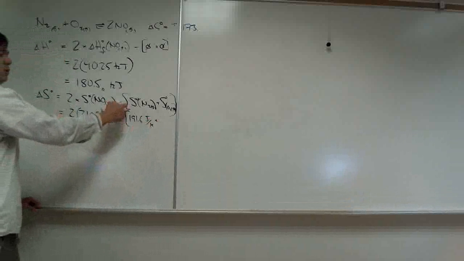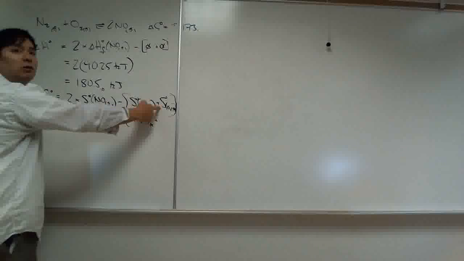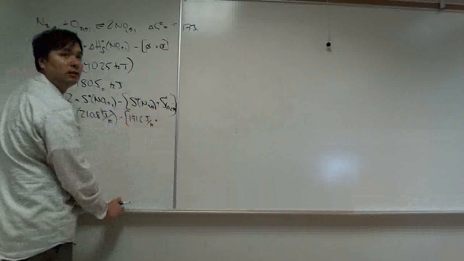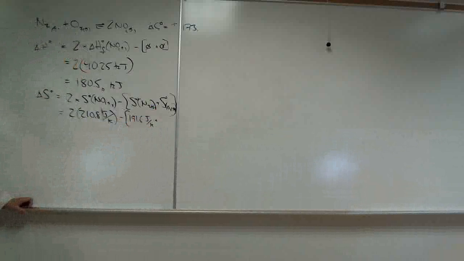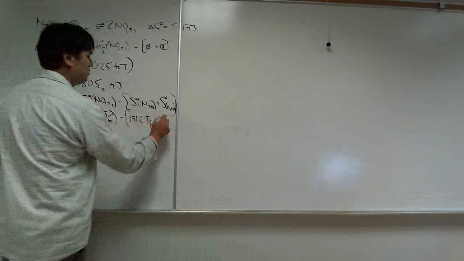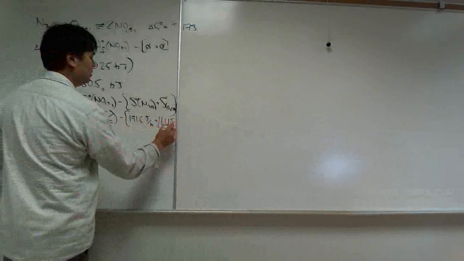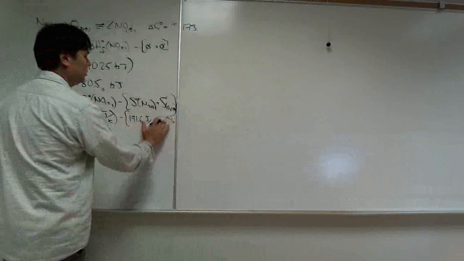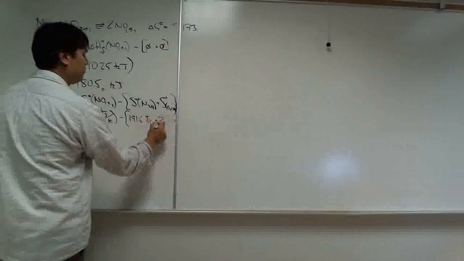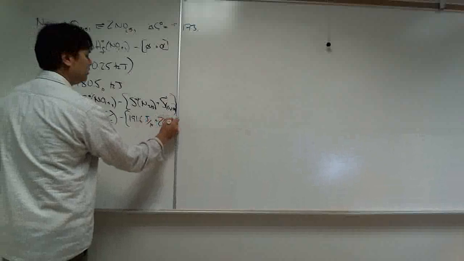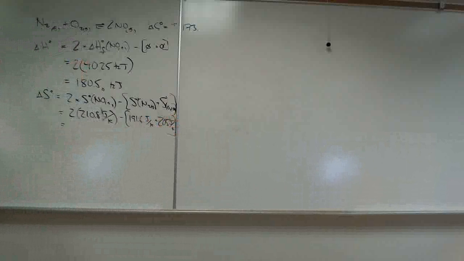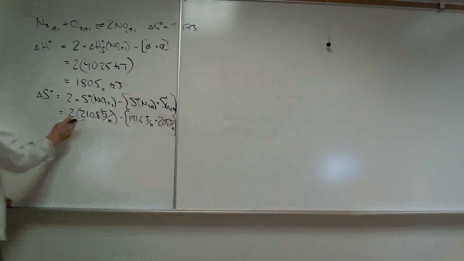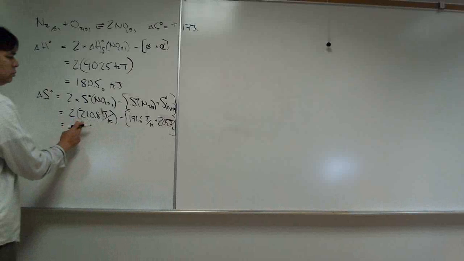There should be 1 mole, the moles cancel out. And so O2 is going to be what? 161.1. Oh, O2? Sorry, that's 205.1. All right, so this entropy is going to come out to, is it?